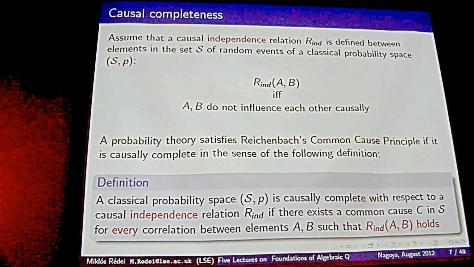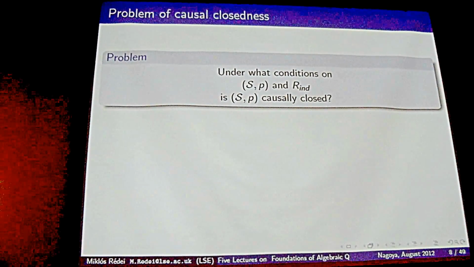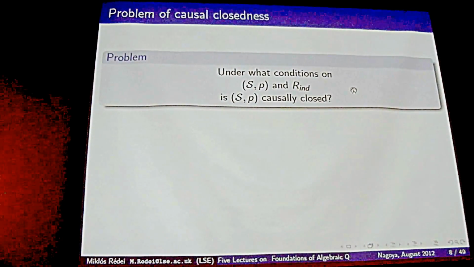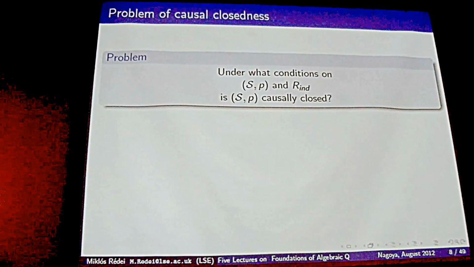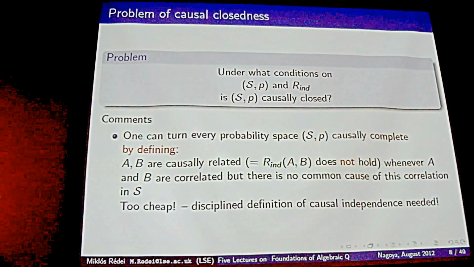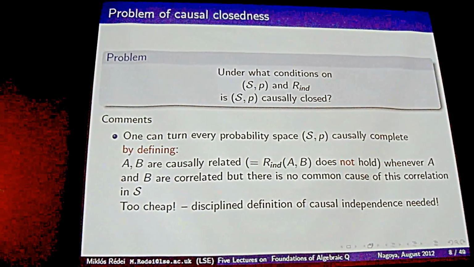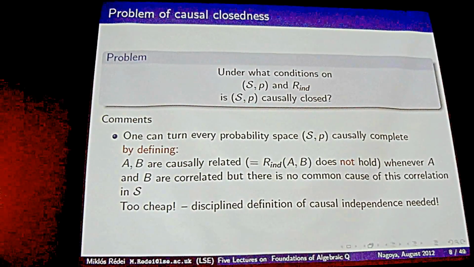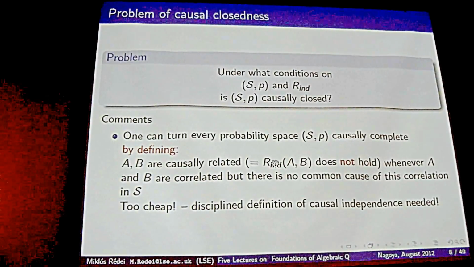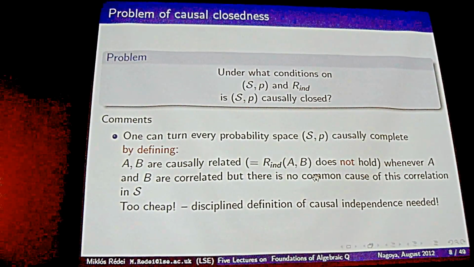Okay, so that's the definition, and then the problem is, under what conditions is a probability theory causally closed? There's a lot of room here to play with, and this notion can be developed in many ways. And you realize also that one can make a probability space causally complete in a cheap way, namely just by defining the causal independence relation in a particular way so that it makes the probability space causally complete.